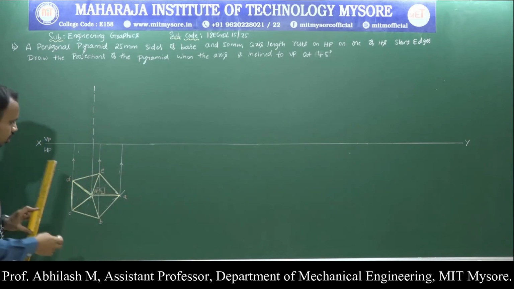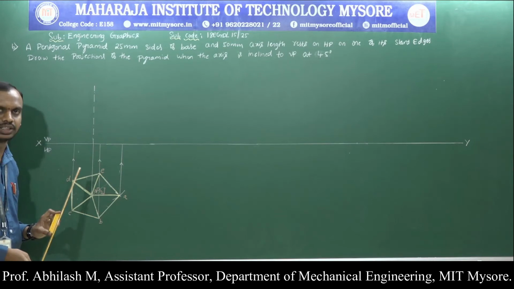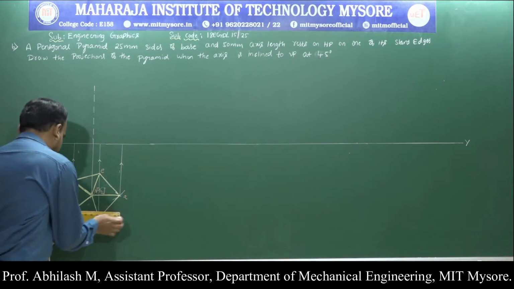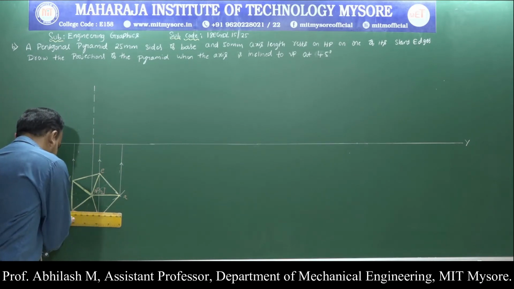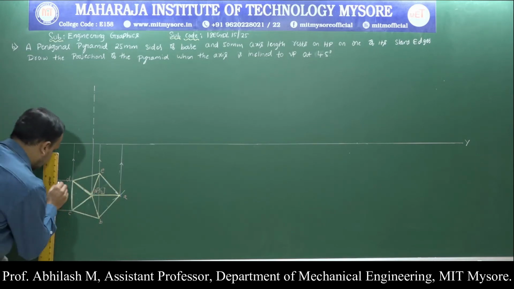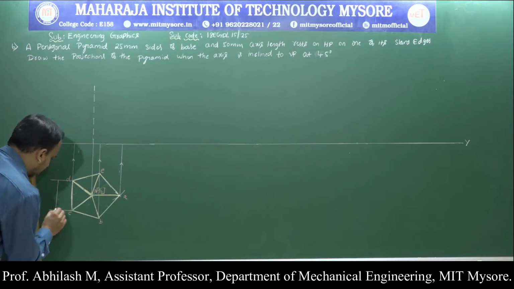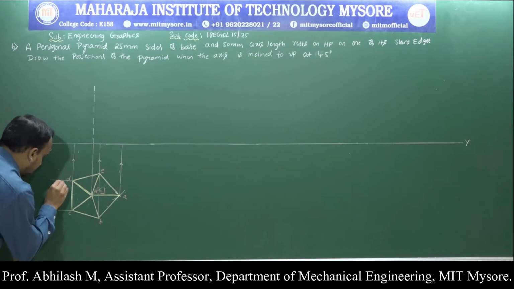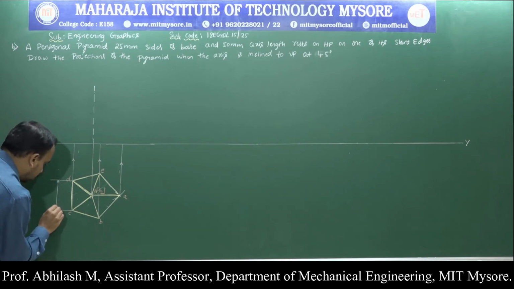and we have forgotten to dimension one of the sides. It becomes very important. So don't forget, in any of the problems, show any one of the side dimensions. This particular side is 25 millimeter. It should be a filled arrow.